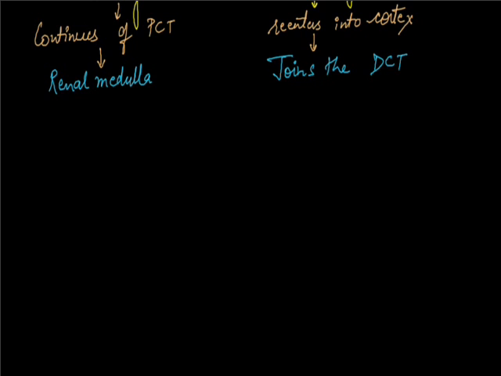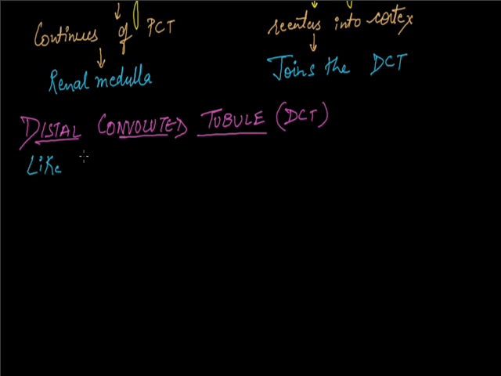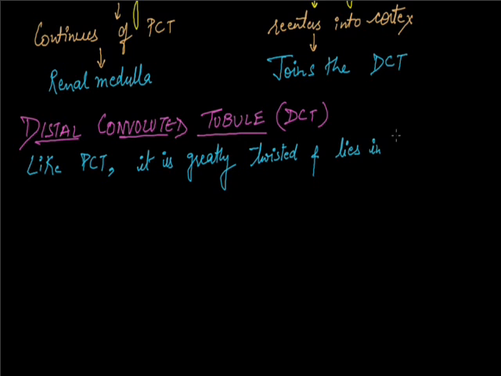Next part is distal convoluted tubules, DCT. Like PCT, it is greatly twisted and lies in the renal cortex.